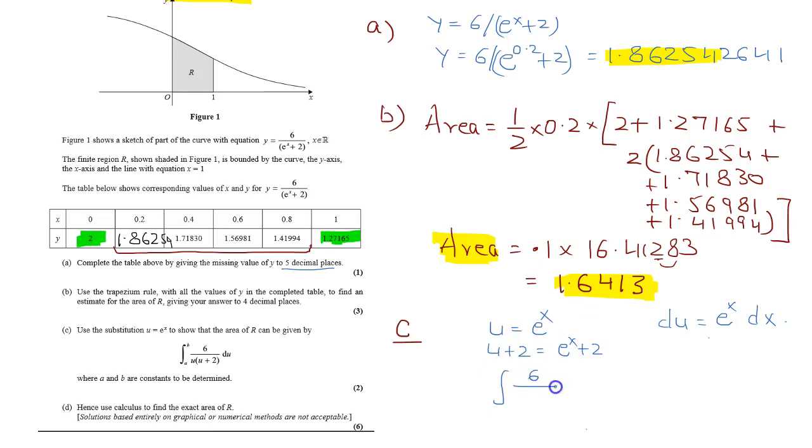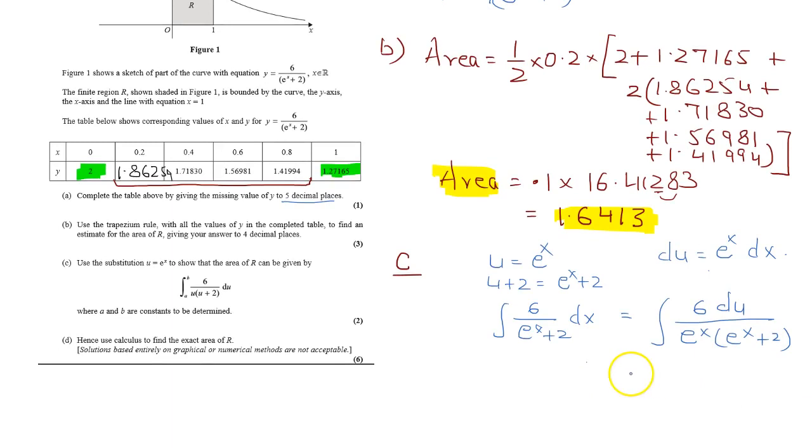So the integral of 6 over e to the power x plus 2 dx will be equal to 6, dx is du over e to the power x, then e to the power x plus 2.